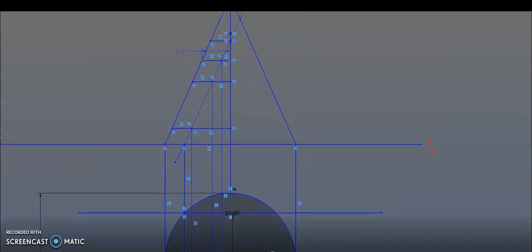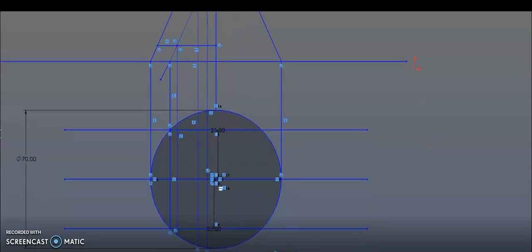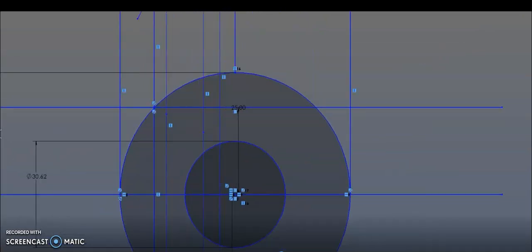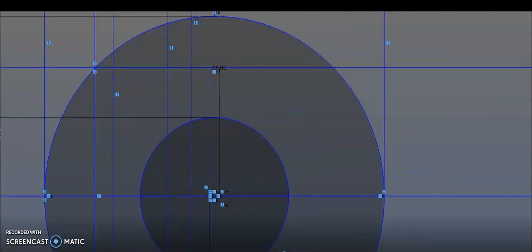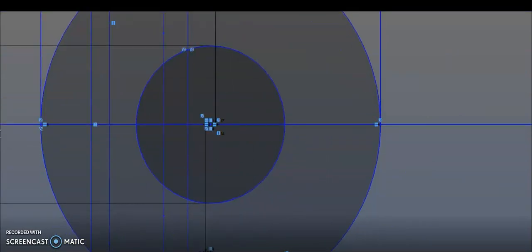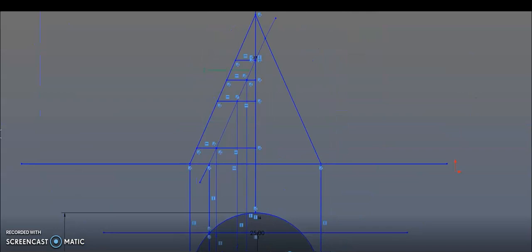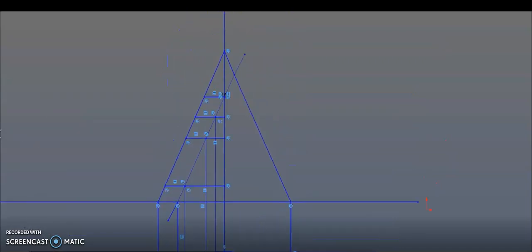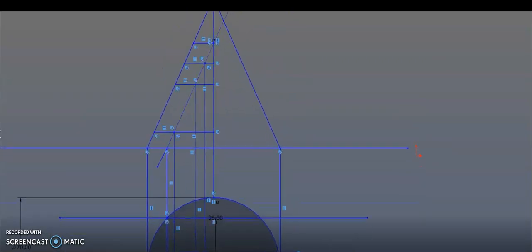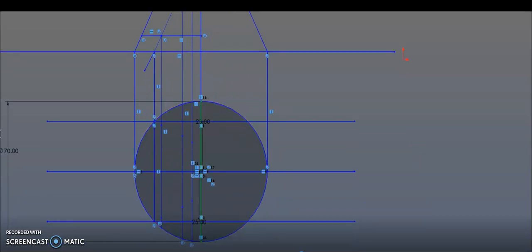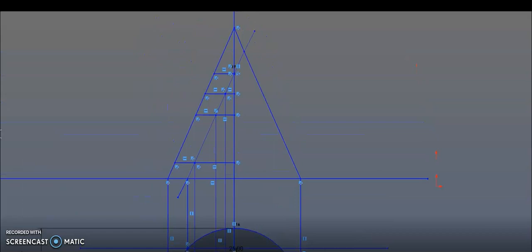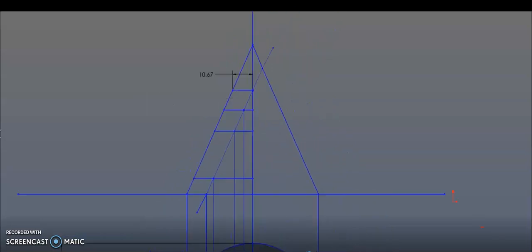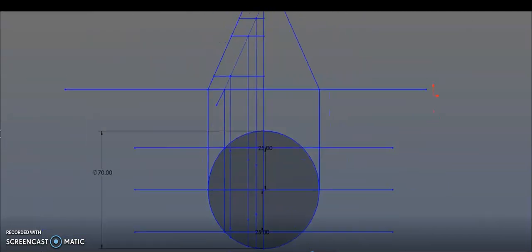So the same process is shown here. The radius is taken from the front view.